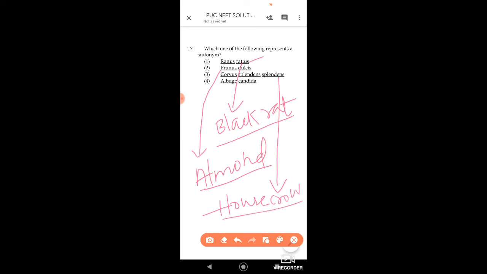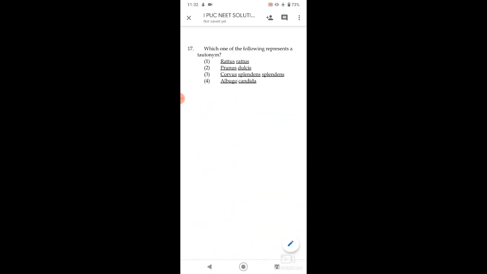In fact, house crow is also called Indian grey-necked crow or Colombo crow by different names, but commonly it is regarded as house crow. Then Albugo candida is a white rust, a fungus which causes infection in young plants. Just remember, for a tautonym the genus and species name should be the same, like Rattus rattus. So go for option 1.